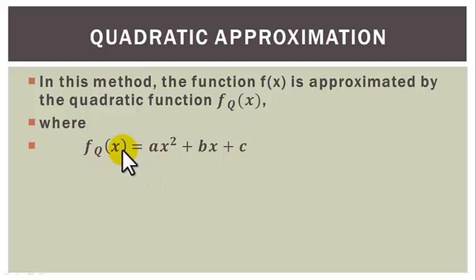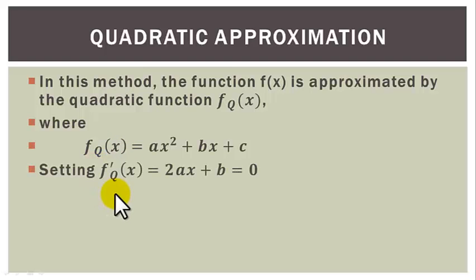Differentiating fq of x with respect to x and equating it to 0, we have this. The derivative of fq of x with respect to x is 2ax plus b, and then we equate this to 0.